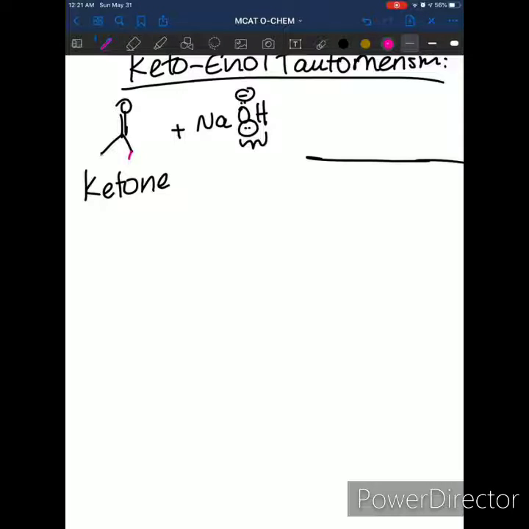On those two carbons, I have 3 hydrogens on each of them, and they're all equivalently acidic. So this base is actually going to capture this hydrogen, and this will give its electrons to the carbon, and then these double bond electrons will go onto this oxygen. So you would have something like this.